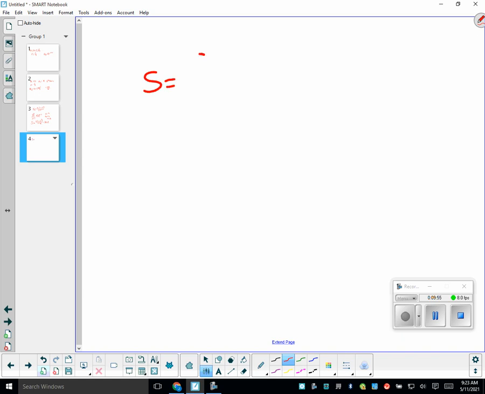S equals A sub 1 over 1 minus R. What does R have to be? Between negative 1 and 1. If it is not, there's no sum. All right?